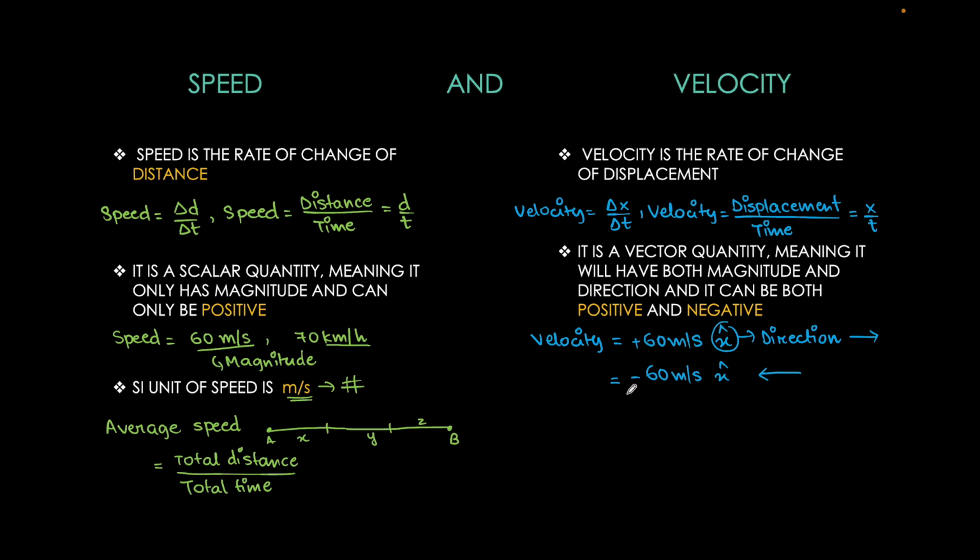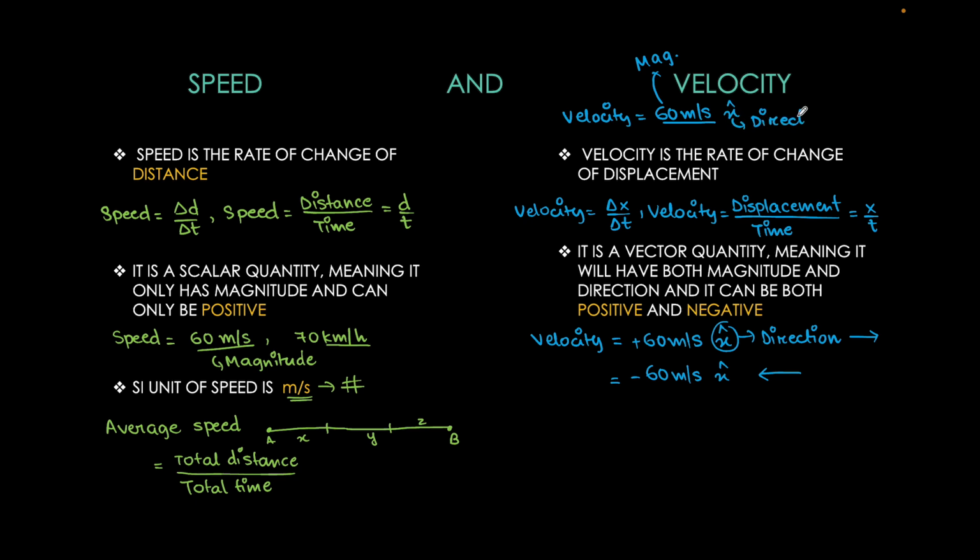Negative sign basically means opposite direction. That's it. Another important thing, if you note, is that velocity is what? Magnitude plus direction. So 60 meter per second is the magnitude for velocity, and this is the direction for velocity.